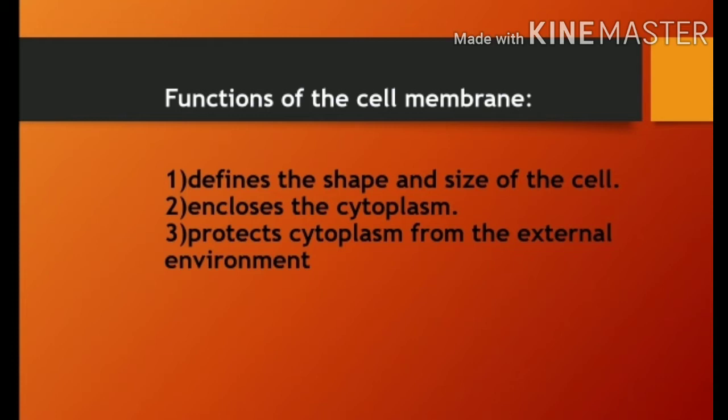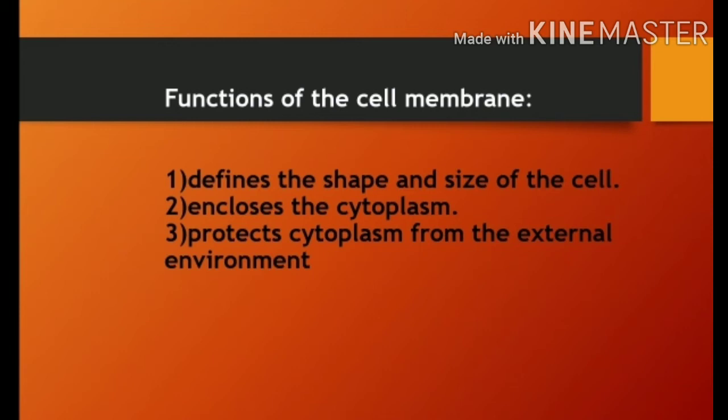Inside a cell, one can easily find a very specific composition of various substances which maintain a balance of the cell. And the cell membrane plays a crucial role in the maintenance of this balance.